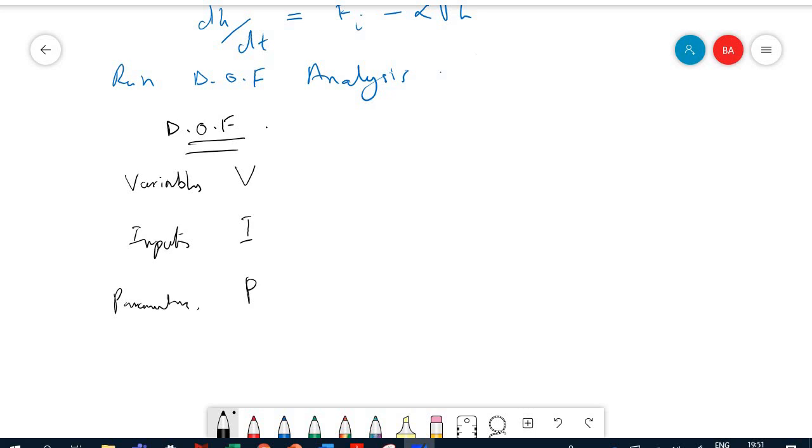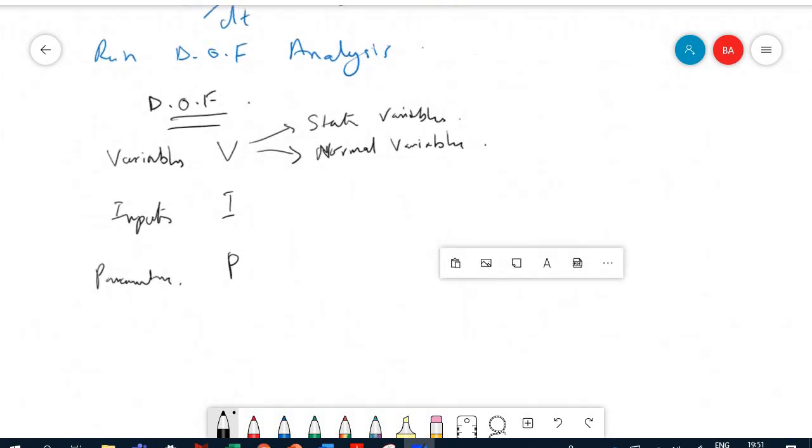So what do we have as variables? For variables, we have things that we call state variables, and variables also could be normal variables. And we're going to say what the differences between all those are. Actually, the inputs themselves could also be considered as variables, but we like to separate them.